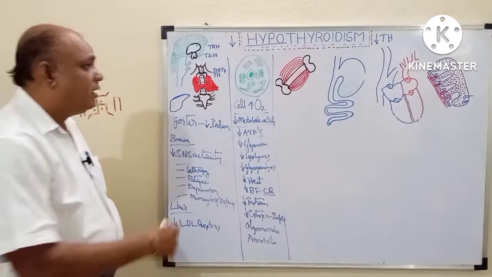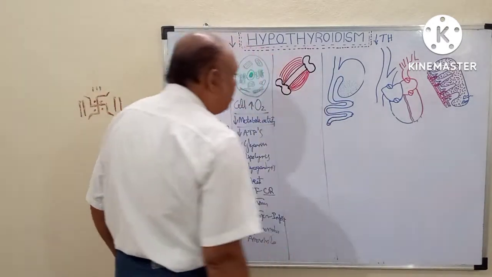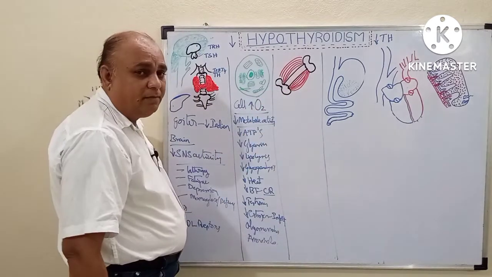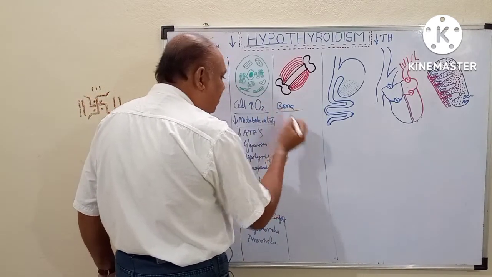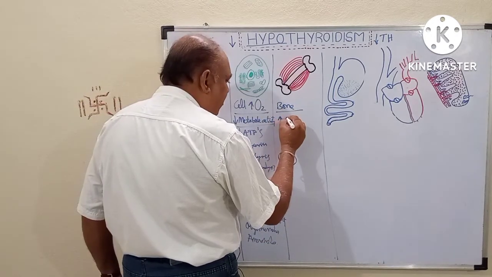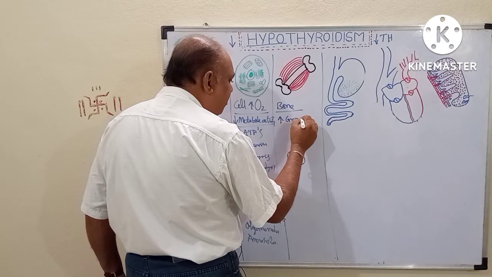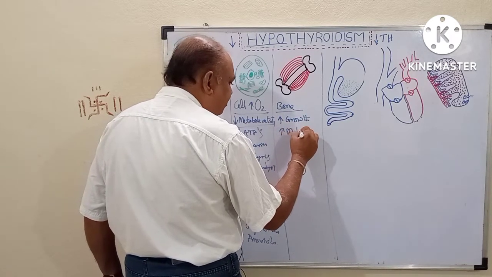Now let's see how exactly low thyroid hormone levels will affect bone and muscle function. We start with bone. We have seen in the function of thyroid hormone that thyroid hormone will increase bone growth and increase maturation.